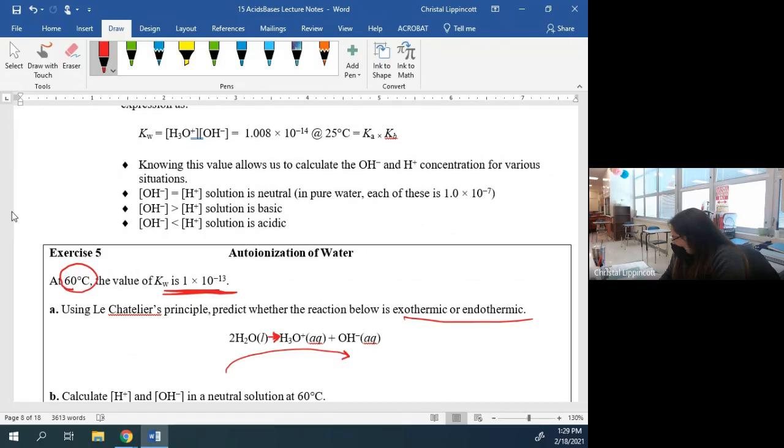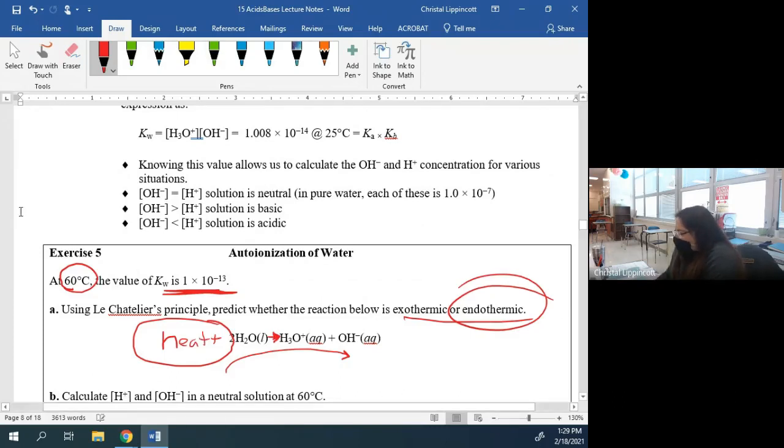So that means that if heat was added over here, it's going to push it this way. If I had added heat here and it was exothermic, it would have pushed it this way. So if heat is on the left side of my reaction, which is it then? Endothermic. Okay, and hopefully you figured that out by not looking at the bottom.